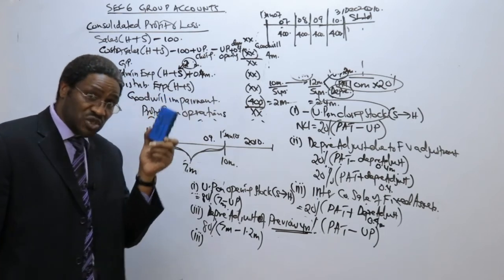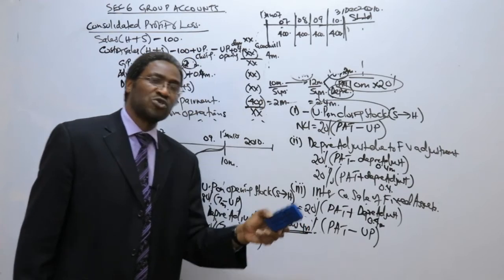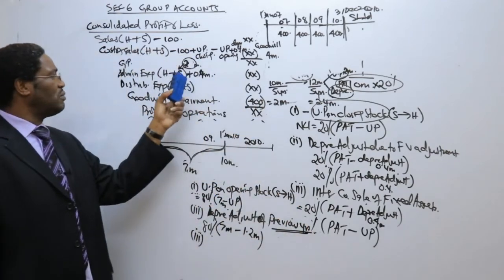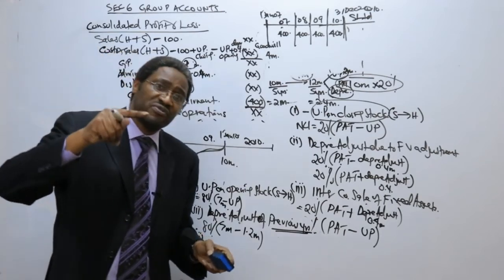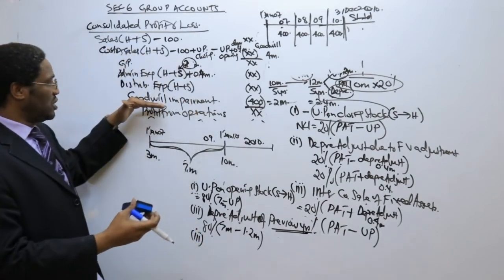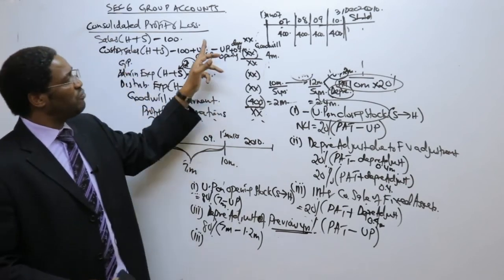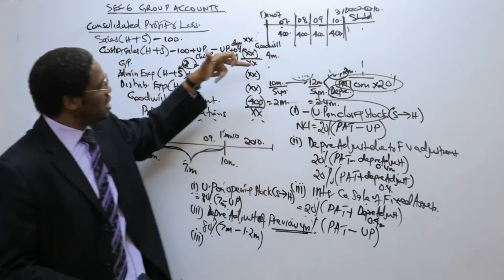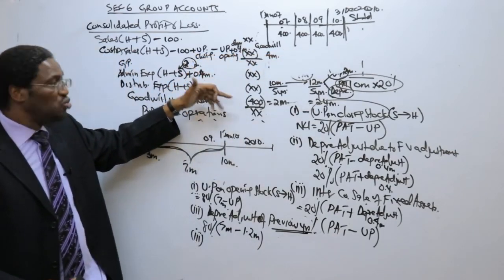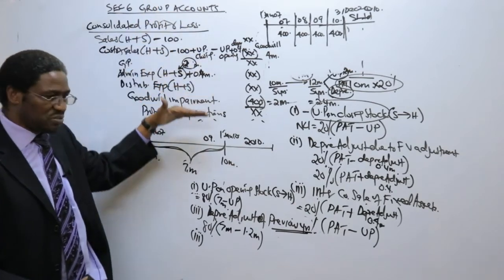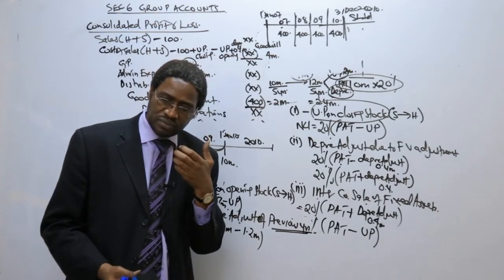You did not charge the impairment for the 4 years. You charge the impairment for the current year, because you are doing the income statement for the year.